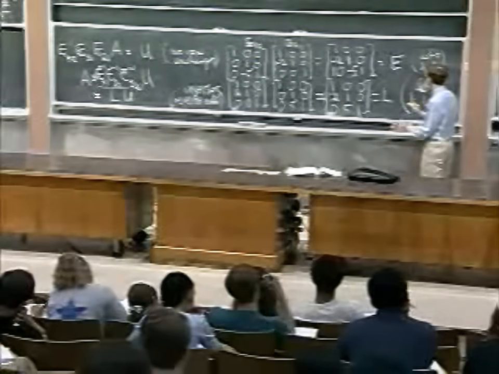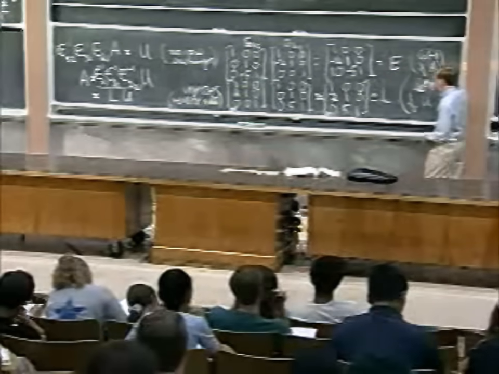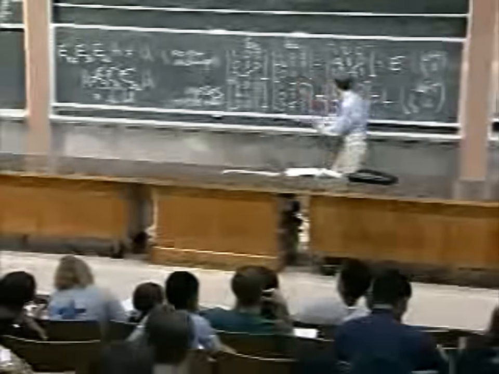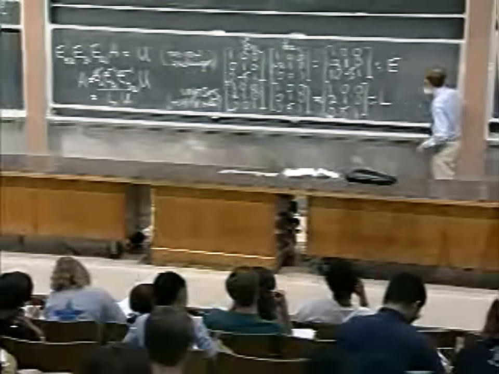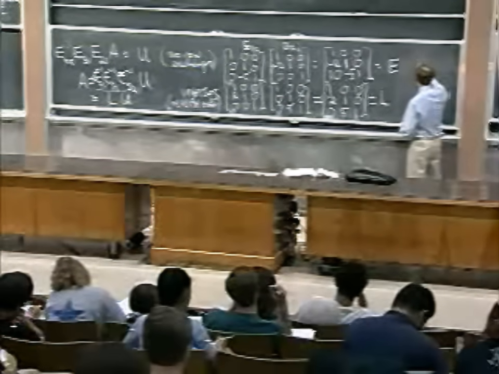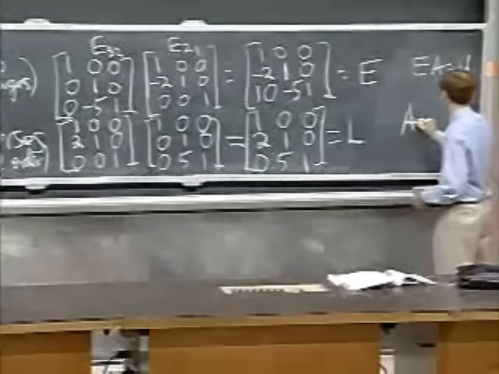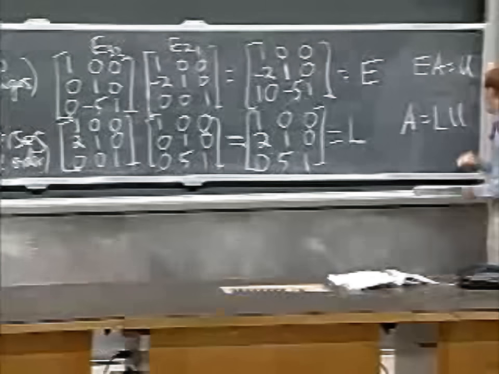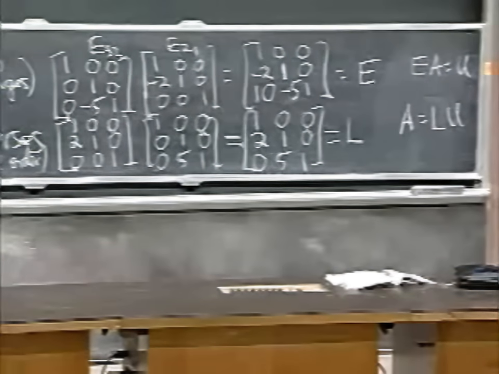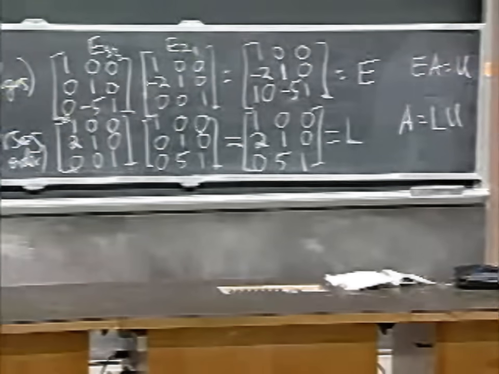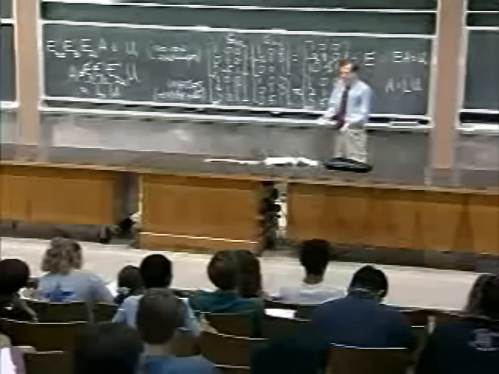What do I mean here? Maybe rather than saying left of A, left of U, let me write down again what I mean. EA is U, whereas A is LU. Let me make the point now in words. The order that the matrices come for L is the right order.